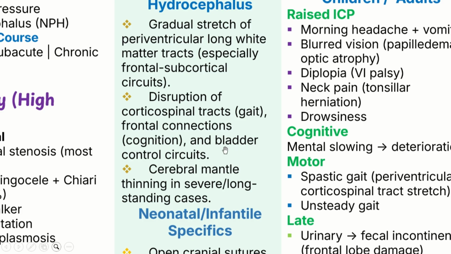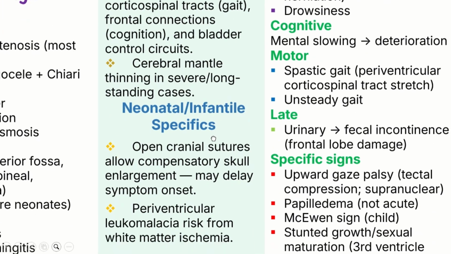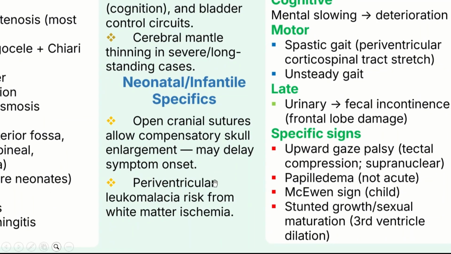Then we can have cerebral mantle thinning in severe and long-standing cases. When you do the imaging, you can see the cerebral mantle has thinned a bit. In neonates and infants, there are some specifics, like the cranial sutures have not yet fused, and when they have not yet fused, we can have a compensatory skull enlargement.